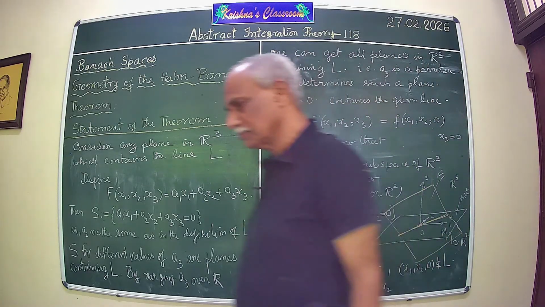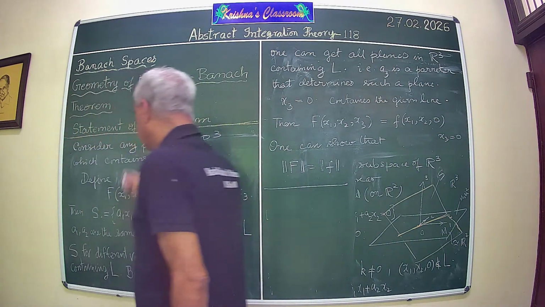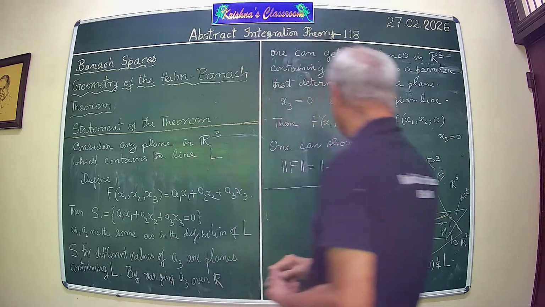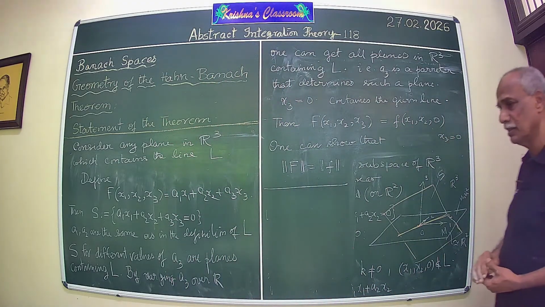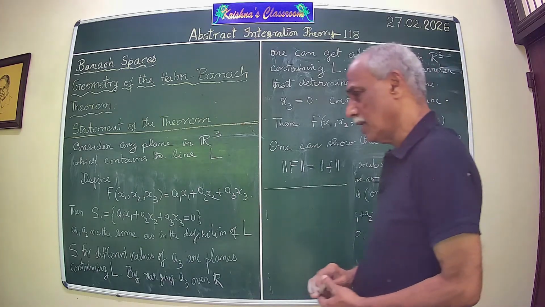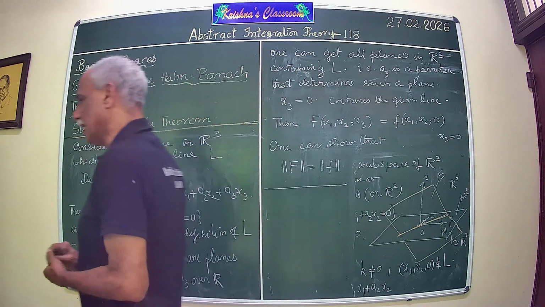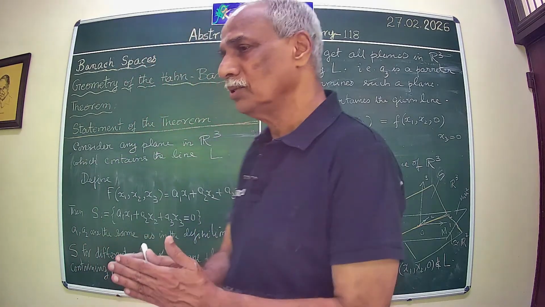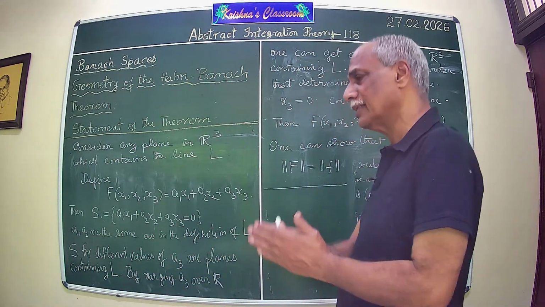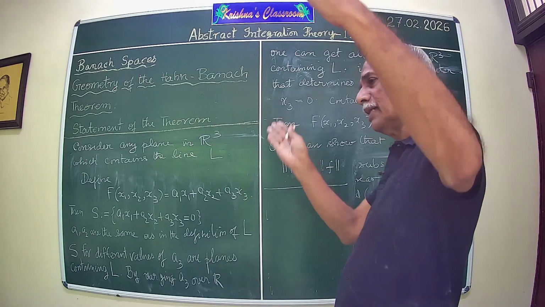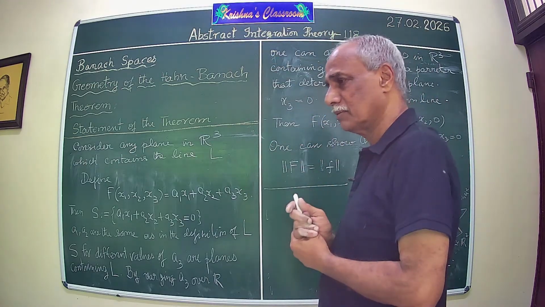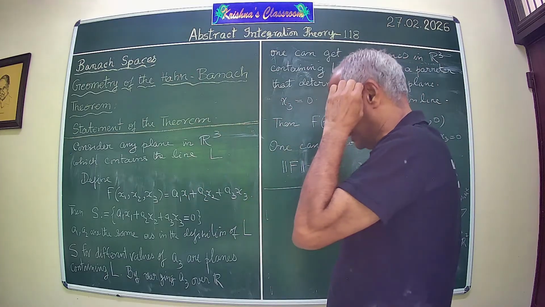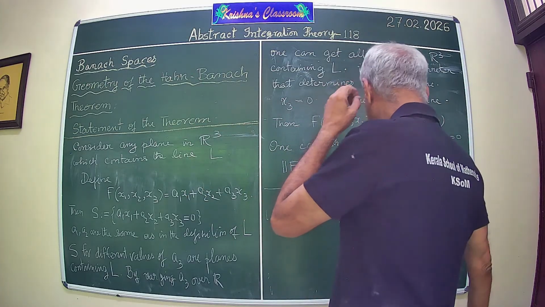See, so that is the meaning of the Hahn-Banach theorem. If you try to analyze, it is that if in M you have a linear function defined, you can extend this as a linear function in the larger space X, such that it's a norm-preserving extension. That is the meaning of that, right?